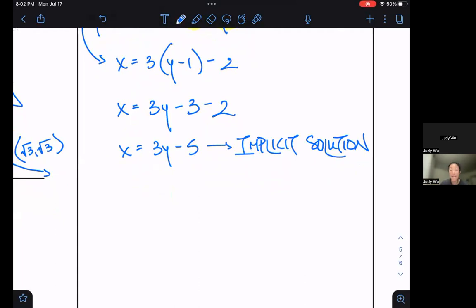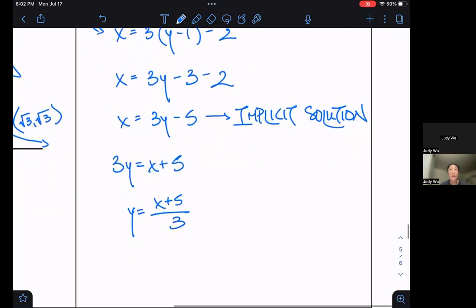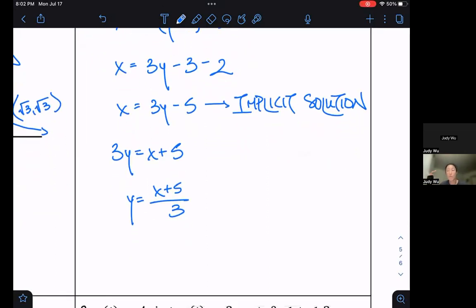I am going to solve for y just because we're in pre-calc, and I think it's important to make sure that we are remembering our algebra. So I'm going to add 5 to both sides and divide by 3. 3y equals x plus 5, y equals x plus 5 over 3. But if I wanted to write this in a way that shows my slope and my y-intercept, maybe I have 1/3 x plus 5/3.